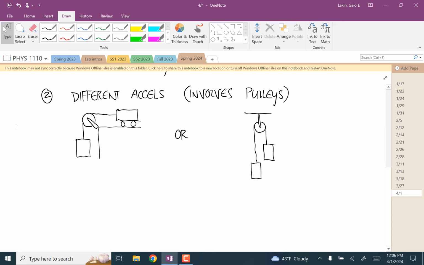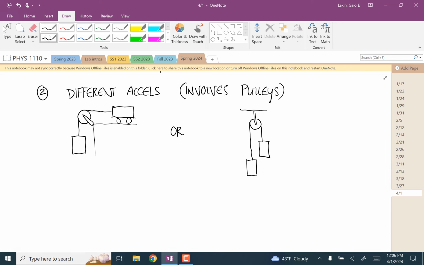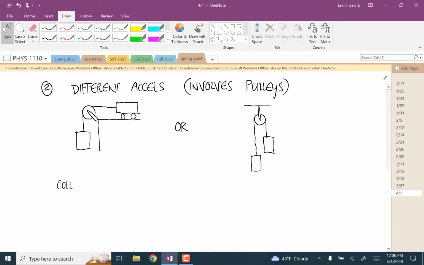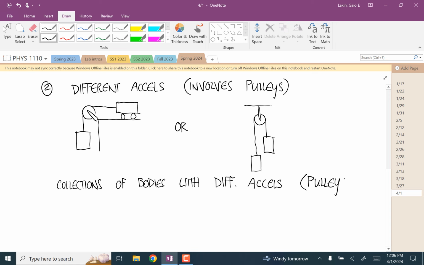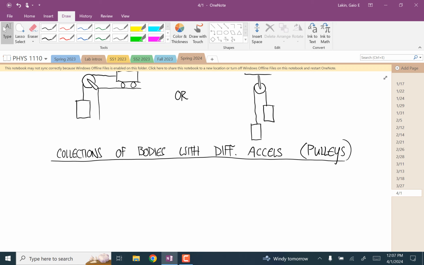The approach, so what we're talking about now is the collections of bodies with different accelerations. And this always involves pulleys in some way. I'm going to first lay out an approach, and then we'll do a few examples.